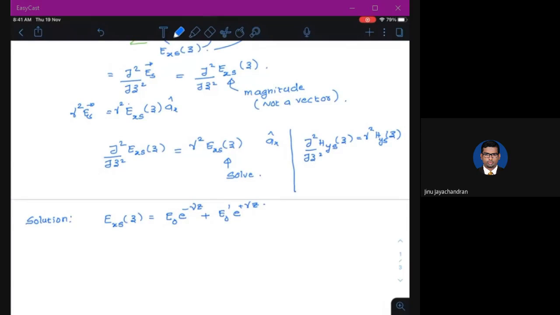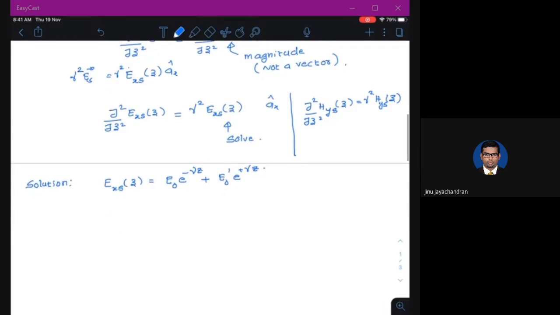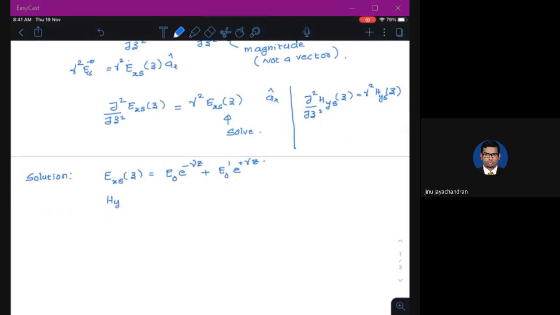So whatever we are deriving for electric field is valid for the magnetic field also. Okay. So my solution to magnetic field is Hys(Z) = H0 e raised to minus gamma Z plus H0 dash e raised to plus gamma Z.